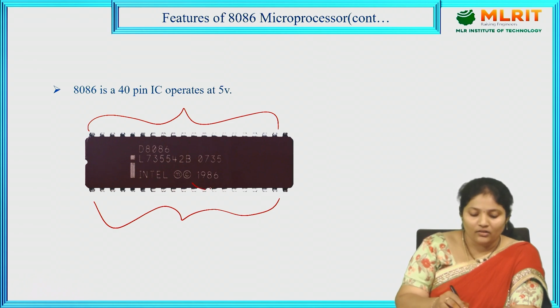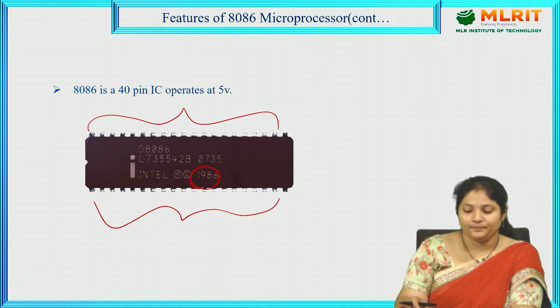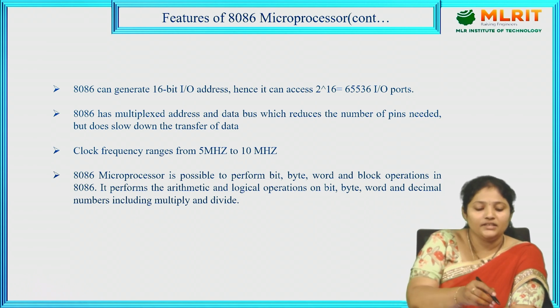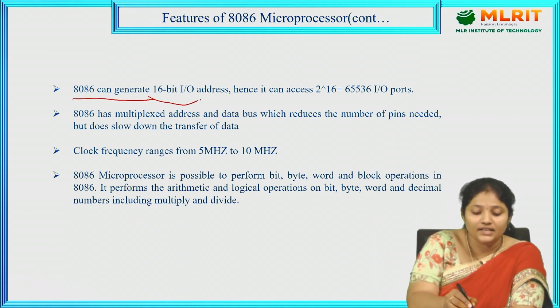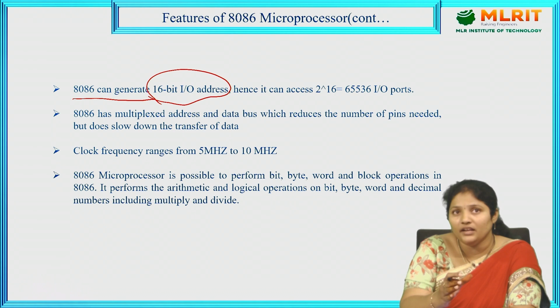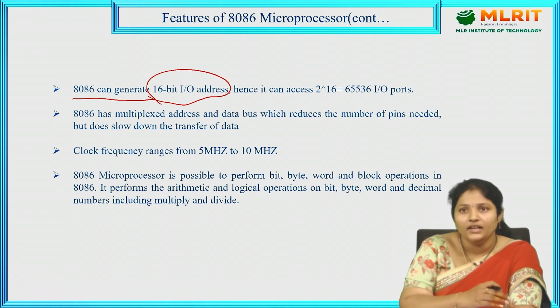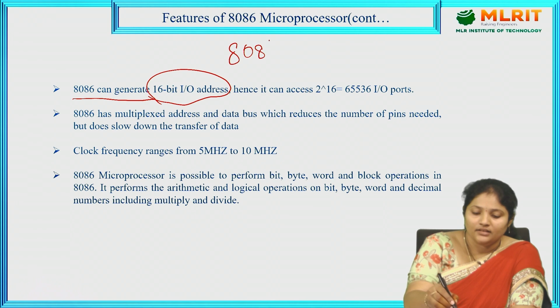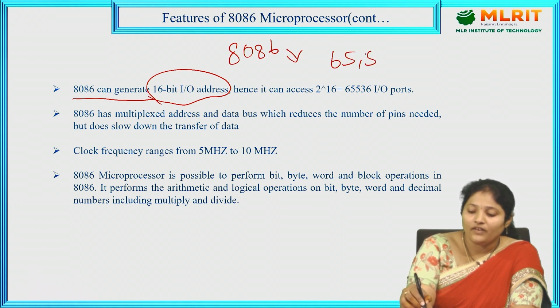Another important feature is that 8086 can generate 16-bit input-output addresses. By using input-output addresses, the microprocessor can access that many input and output devices or ports. So 8086 can access 65,536 input-output devices.